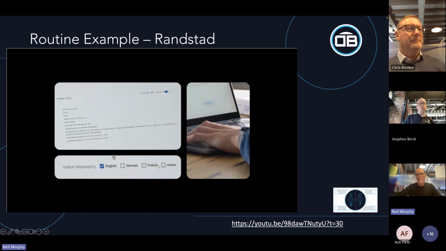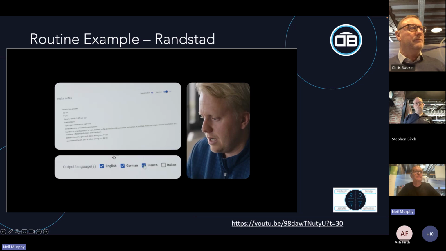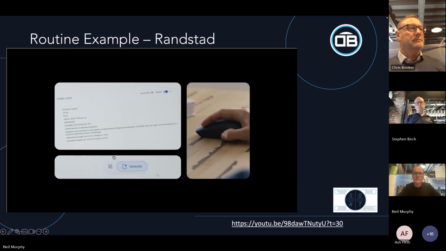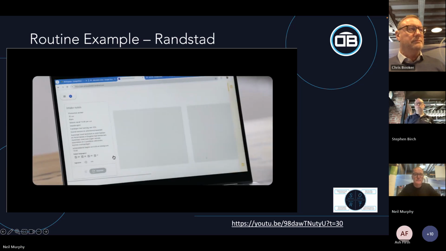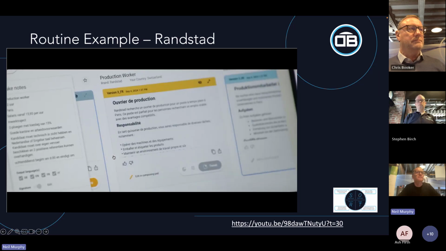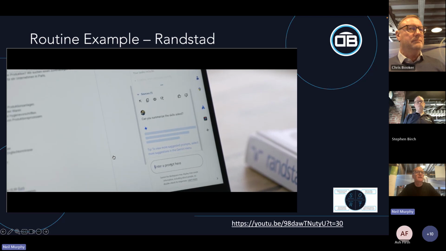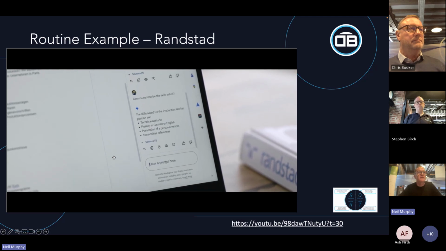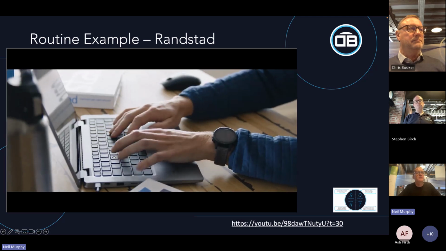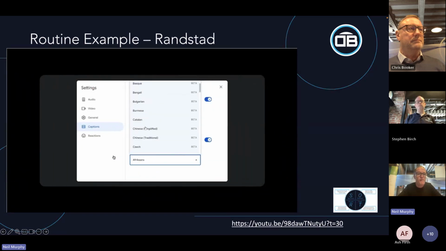And I want this to be output in multiple languages: English, German, French, Italian. Gemini AI has really taken over that task, shortening the time that's needed to actually write job ads. We want to reach the best talent pool and make sure that it speaks to the right candidates. I can speak to my colleagues in one language, and Gemini automatically translates.